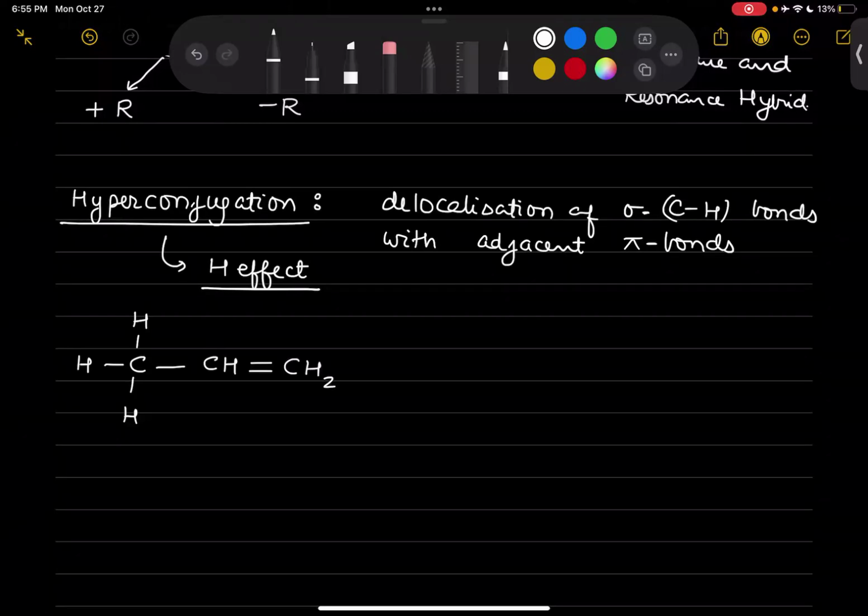Hyperconjugation takes place in alkenes and cations, and free radicals can be stabilized by hyperconjugation.